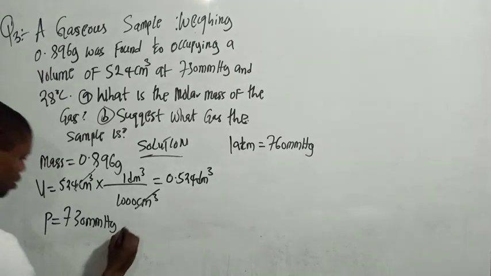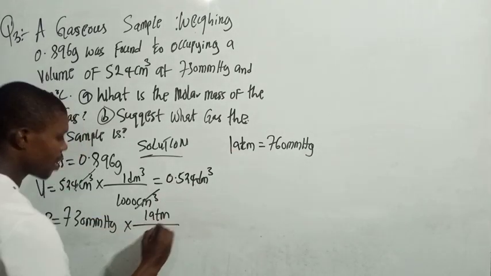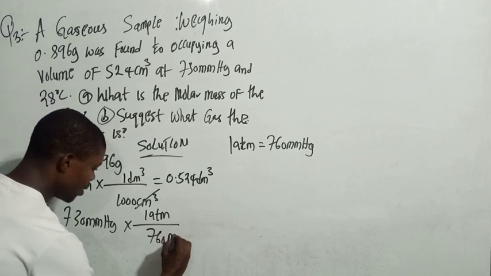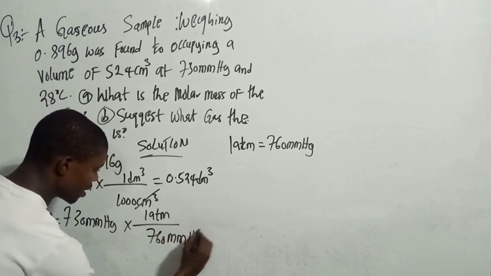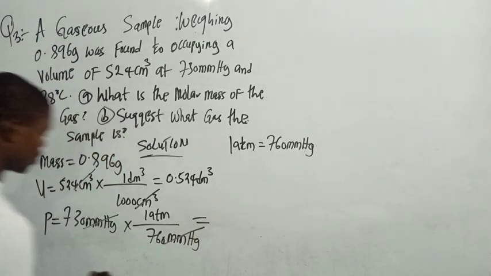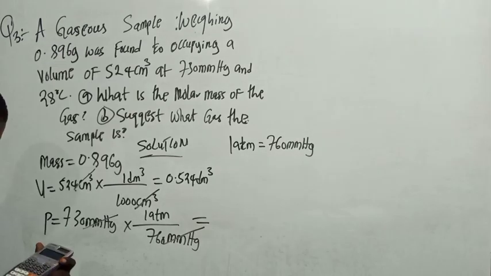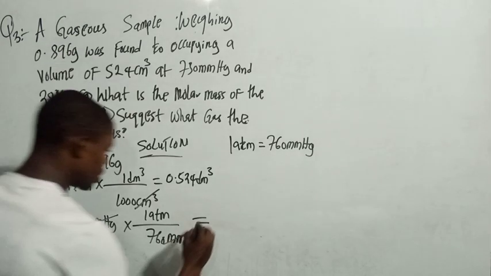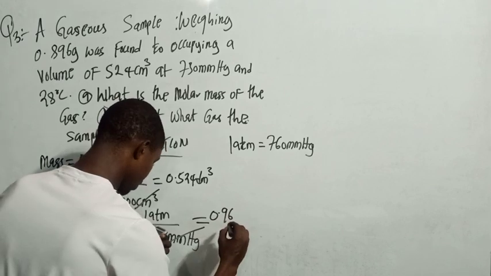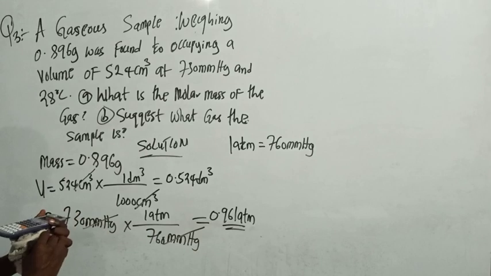So it is going to be times 1 ATM over 760 millimeter mercury. The millimeter mercury cancels. What will be left is 730 divided by 760, which is 0.961 ATM. Get that?